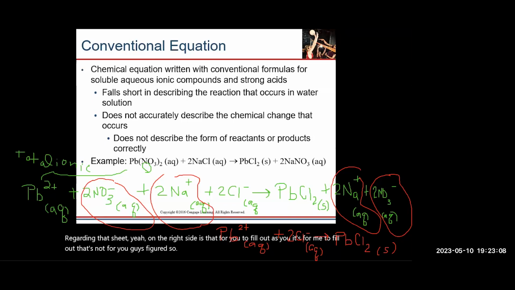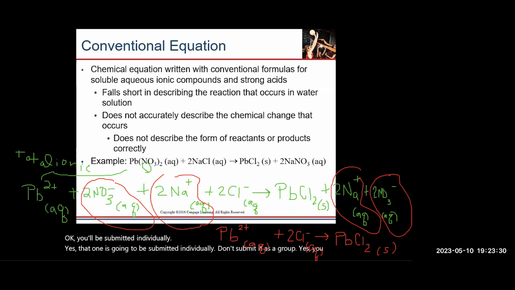That's what I'm going to be using to grade you guys. For the peer review, do we just give them a letter grade? Yeah, no points, because I decide that scale. And do we submit it individually? Yes, that one is going to be submitted individually. Don't submit it as a group. You don't have to share that with anybody. That's your personal thing.